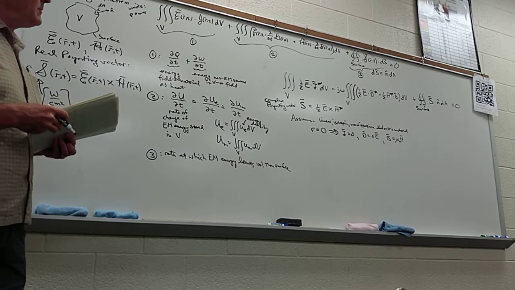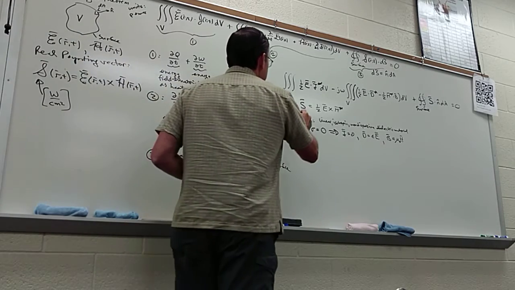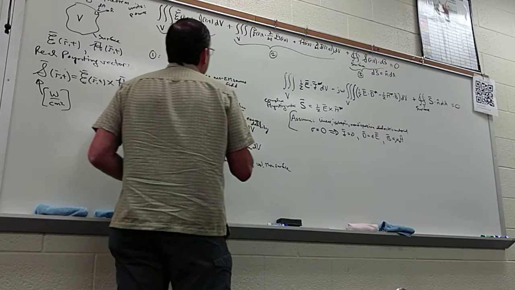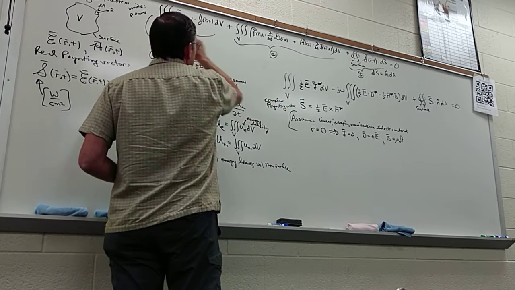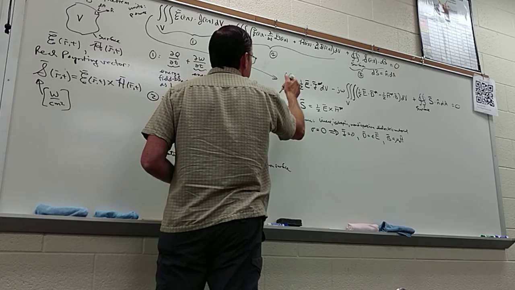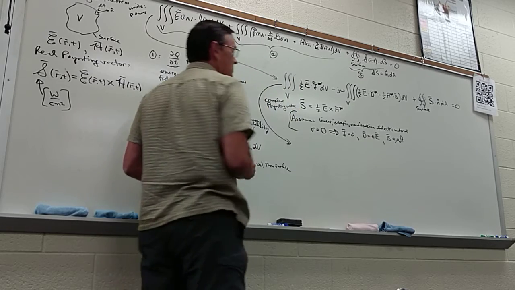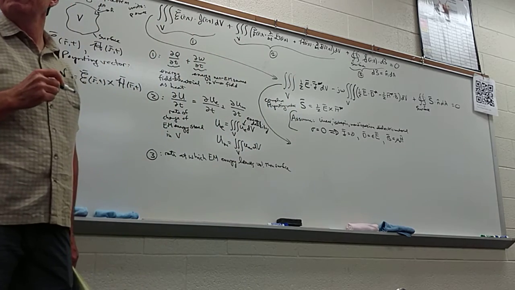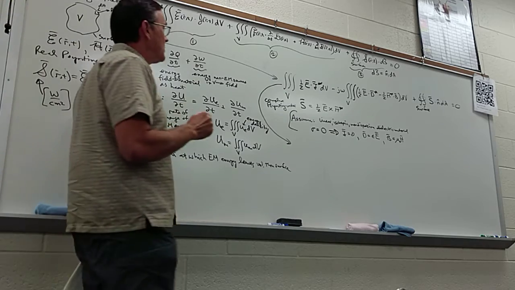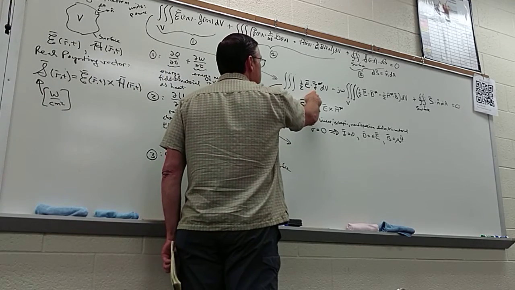Okay, so now, if we make that assumption, then this equation we can simplify further. So the first term, notice J is 0, it goes away.